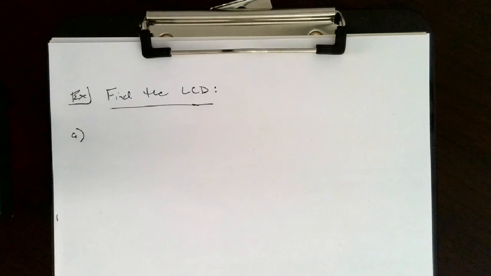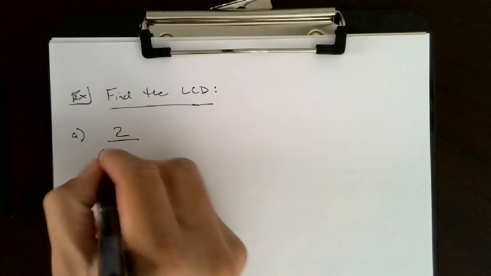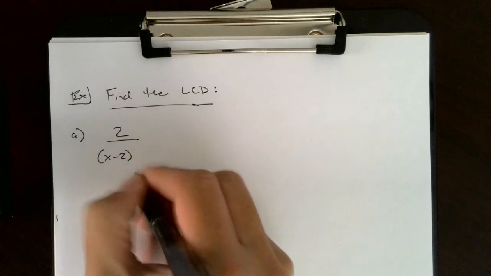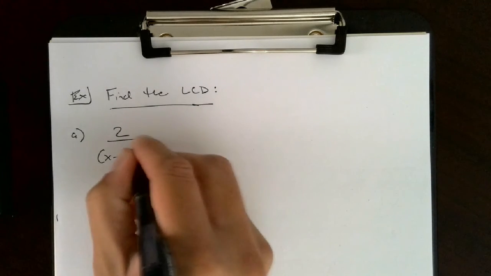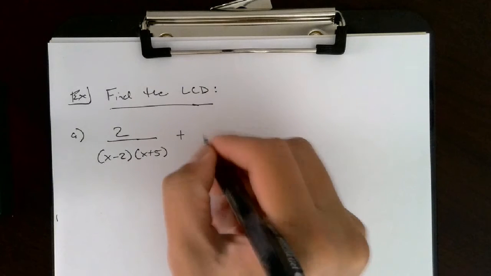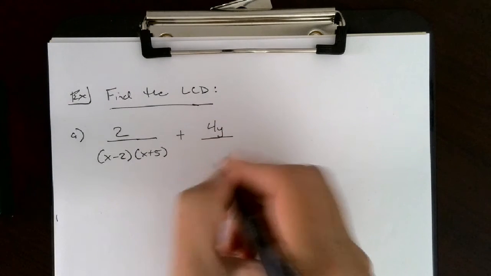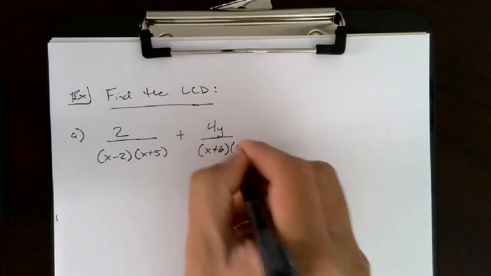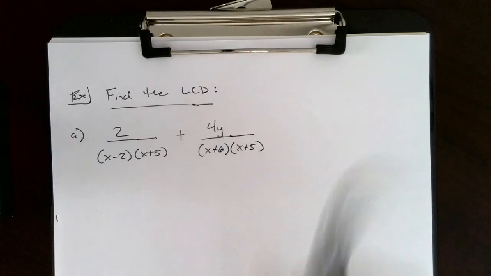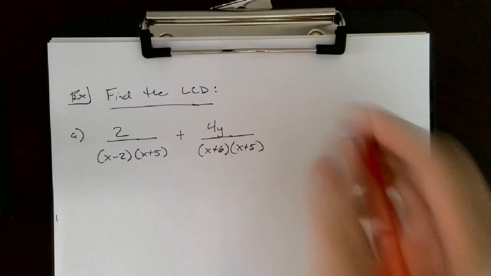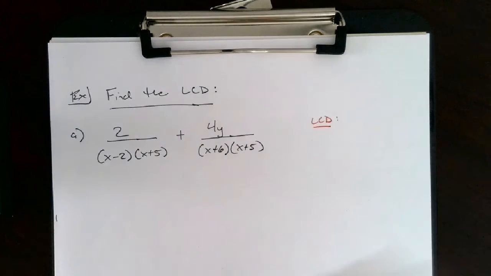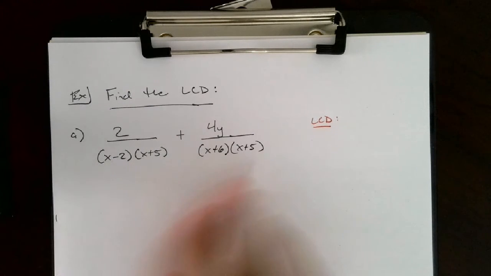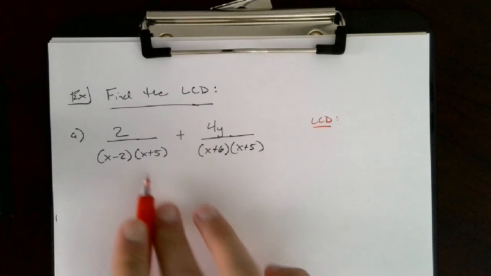For this first one, if I said I had 2 over x minus 2 times x plus 5 plus 4y over x plus 6 times x plus 5. Remember what I'm doing, I'm looking for the LCD. The first thing you wanted to do was factor each denominator completely. Well, they already did it for us, which is nice because now we don't have to worry about it. If these weren't already factored in the denominator, you want to factor it.